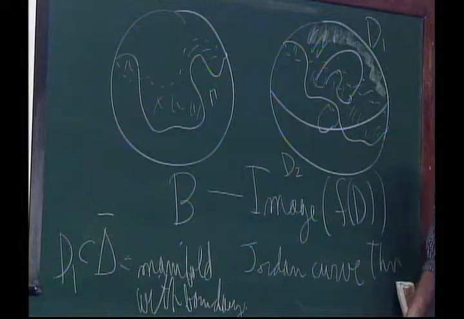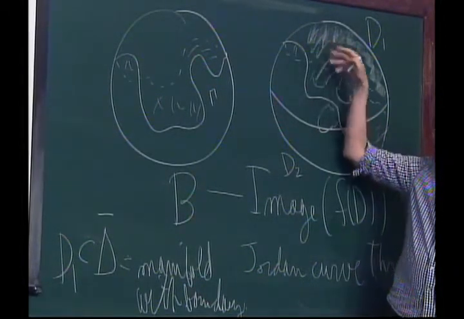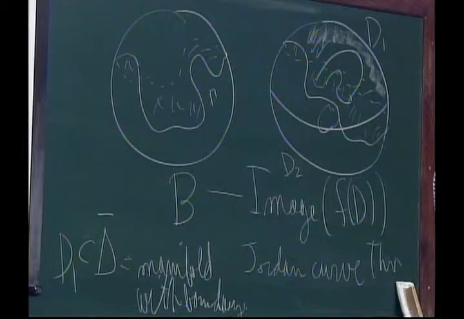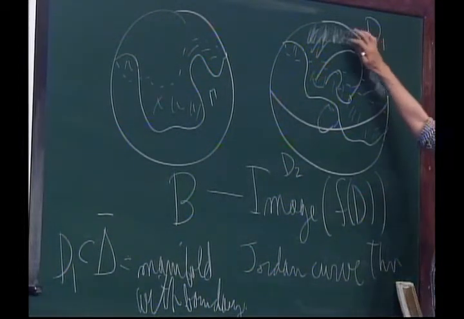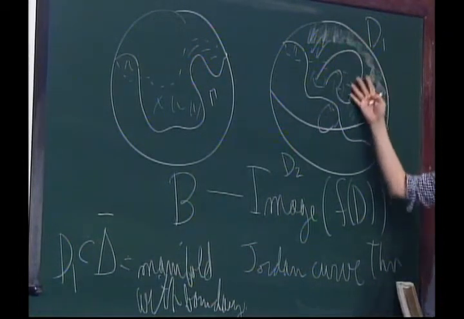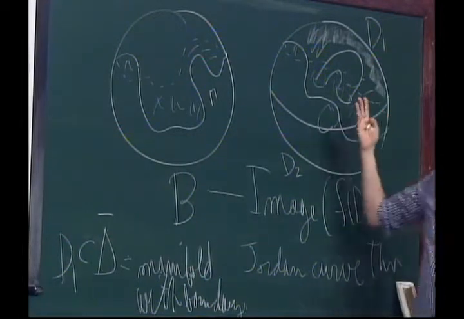It's not smooth because in general we have angles. The disk comes in here and makes angles and so forth. But the angles are always less than 180 degrees. It's convex looking. This disk on the sphere is convex, and the other parts of the boundary, the minimal surface, are what are called mean convex.